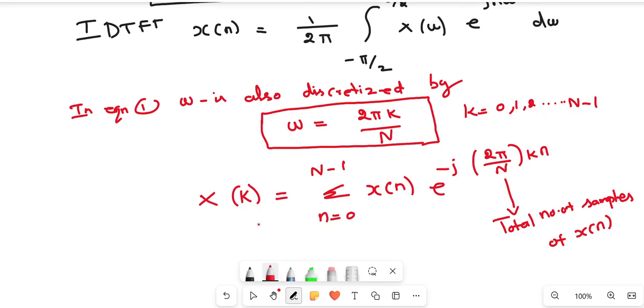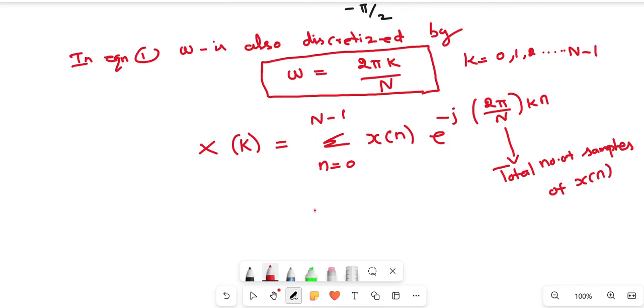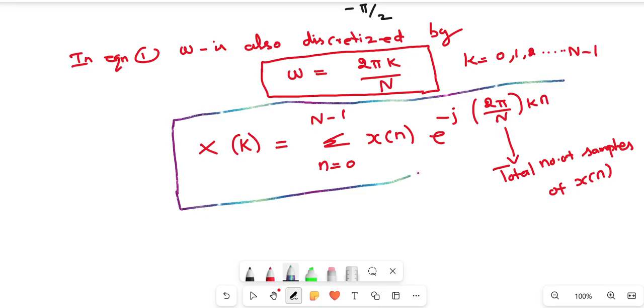And this equation is called the discrete Fourier transform, DFT.